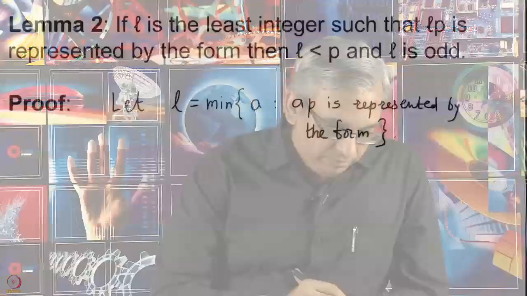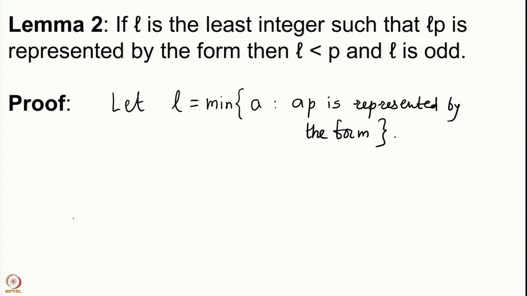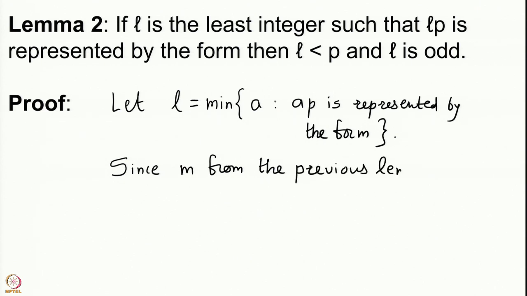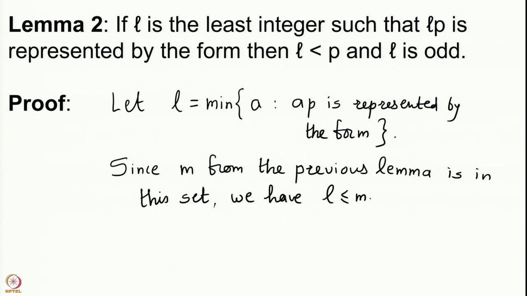So, since m from the previous lemma is in this set, we have L less than or equal to m, because you are taking the minimum of all integers whose multiples by p are represented by this form.